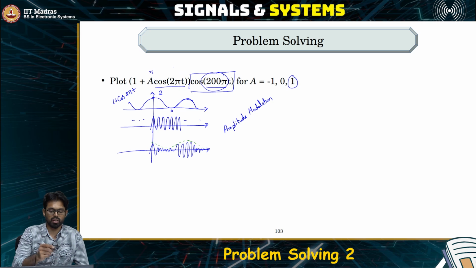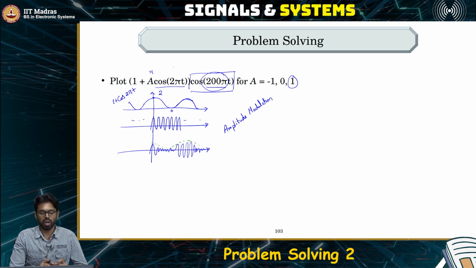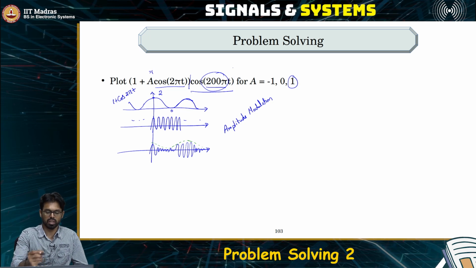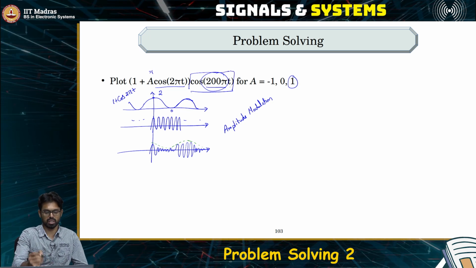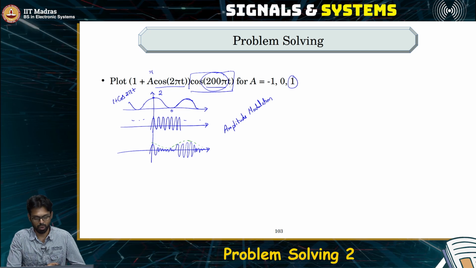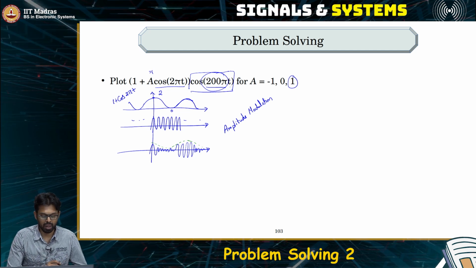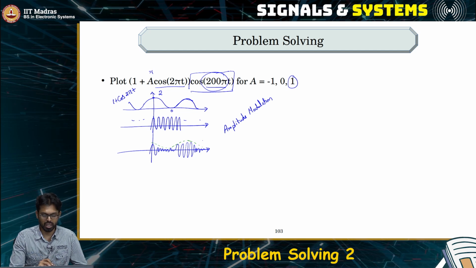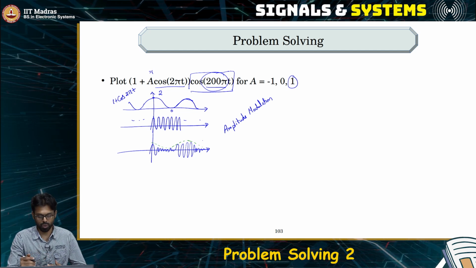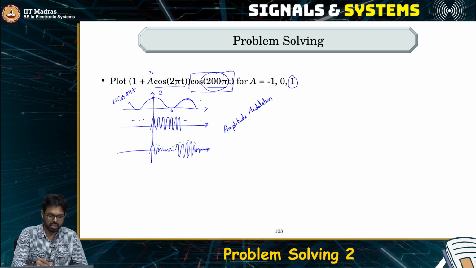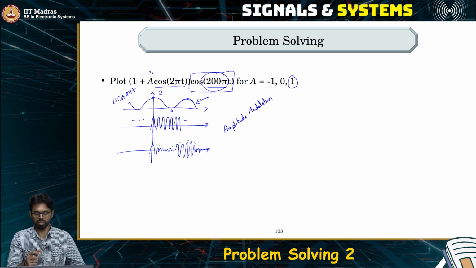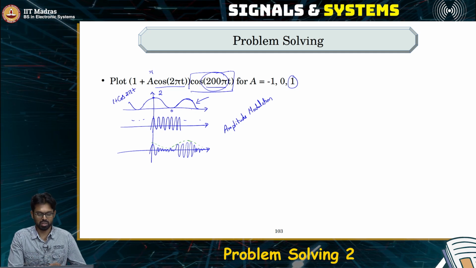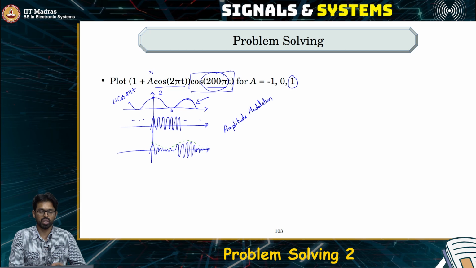So here the message signal always needs to have a frequency which is very, very small compared to the sinusoid that you are going to use for modulation. This is what is called as amplitude modulation. So clearly, as you can see, the envelope here of the high frequency signal gets modulated. It goes up and down based on whatever is this particular low frequency signal. So now the low frequency signal is completely positive. So you get an amplitude modulation, something like this.